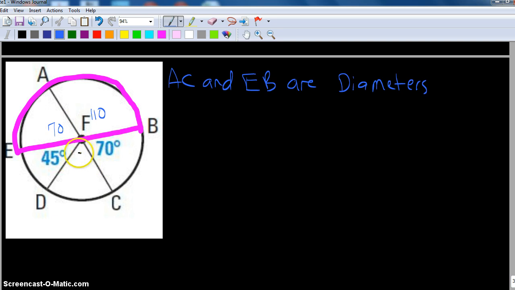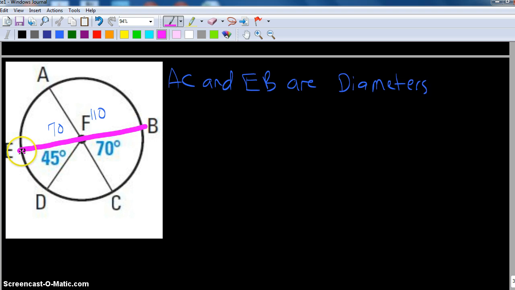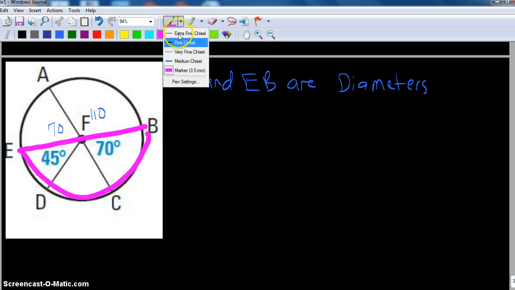Now we're missing this piece right here. So here is the bottom part. All of this should be 180.